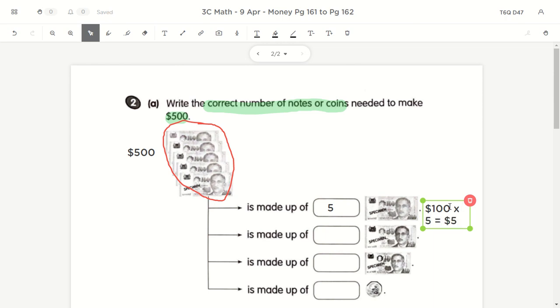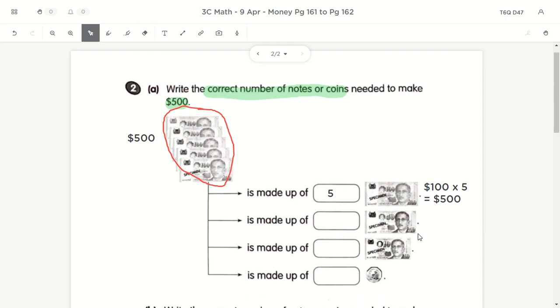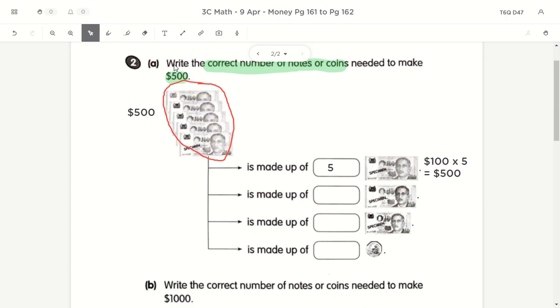I think this is quite simple enough to see. Okay, something like that. So I need 5 $100 notes to form $500, because 100 times 5 give you 500. Now we go into a bit more tricky. Now I have $50 notes. So it's different now. You cannot just count. So how do we do this?